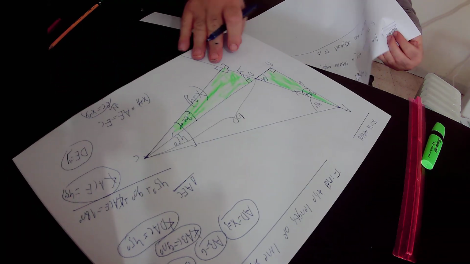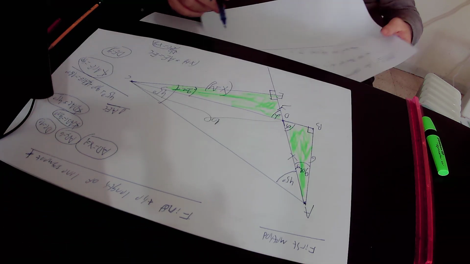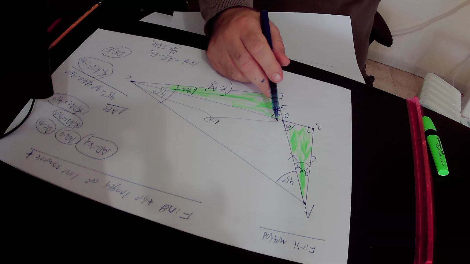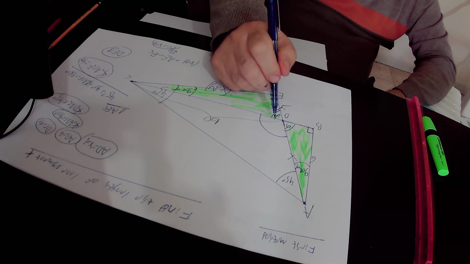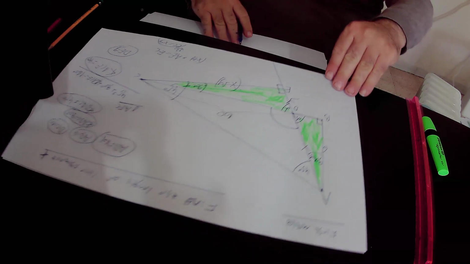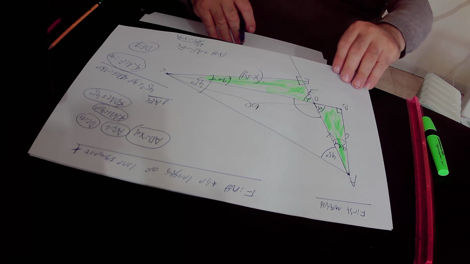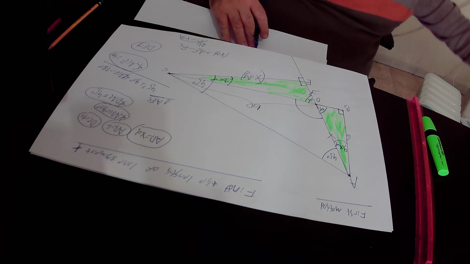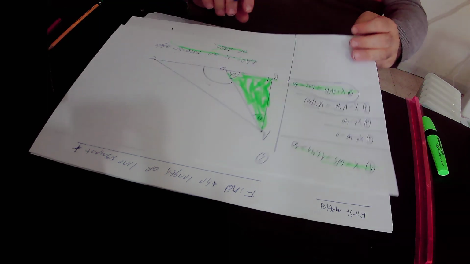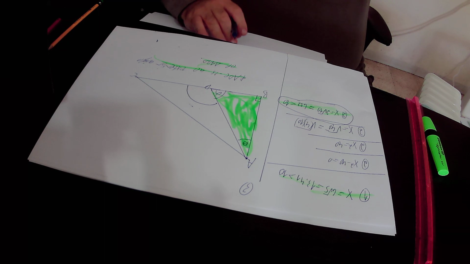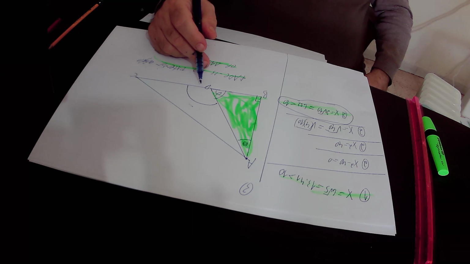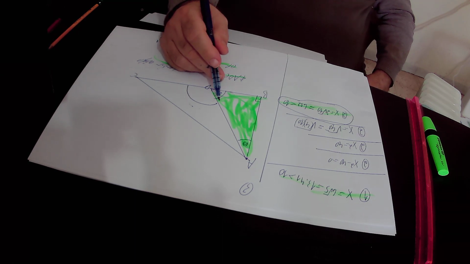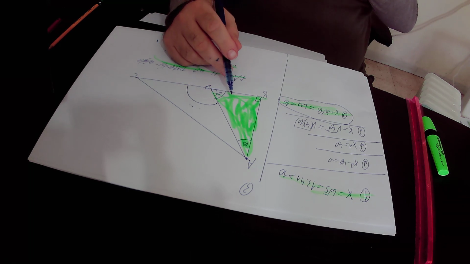So here we have the exterior angle, this angle is the exterior angle ADC, and according to rule number 1, the size of this exterior angle is equal to the sum of the two interior angles of triangle ABD that are not adjacent to it.